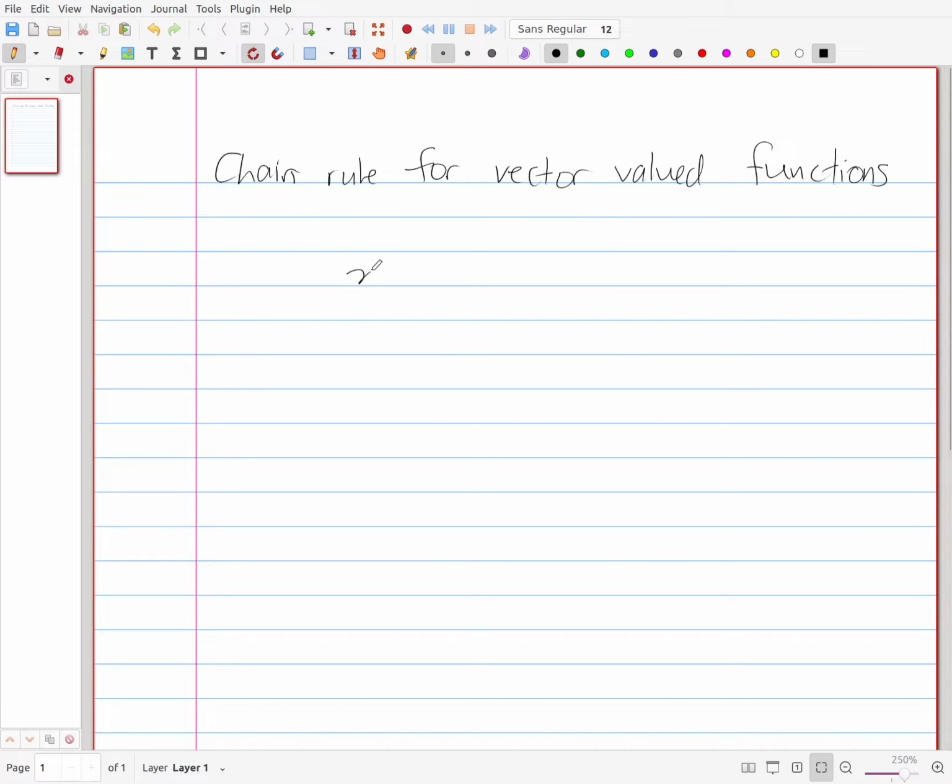Let's say that you have a vector x in Rn, and I apply a vector valued function g to x. By vector valued function, I mean that g takes as input a vector, here x in Rn, and it also outputs a vector, let's say a vector in Rk, and then I apply another function to this, say f, and f is also vector valued, so f takes as input Rk, and it outputs, say, Rm.